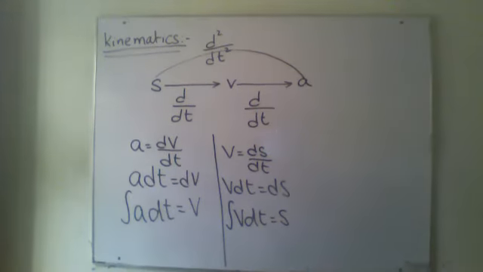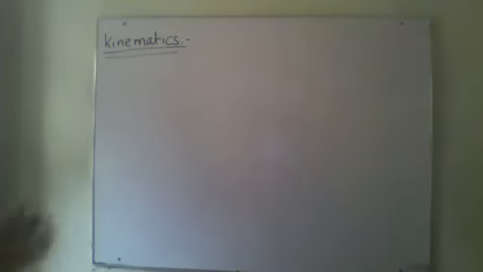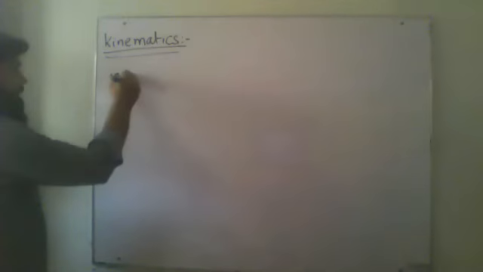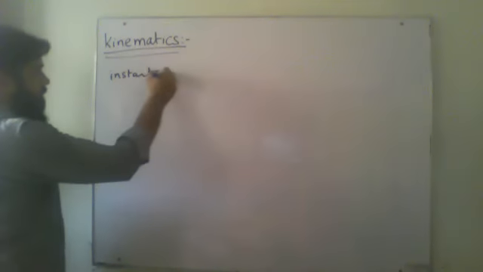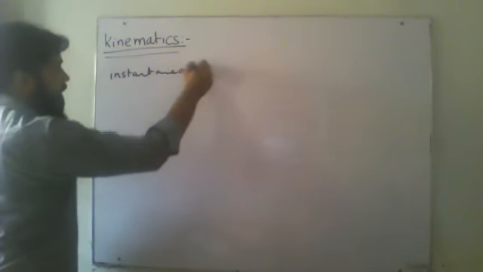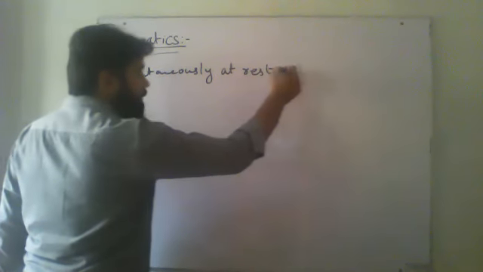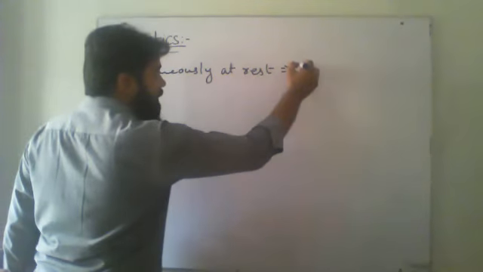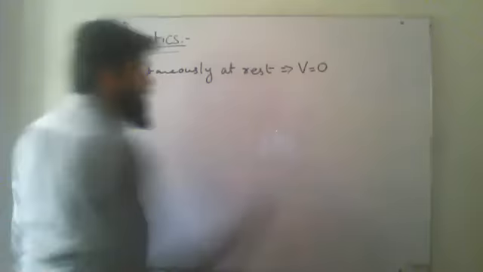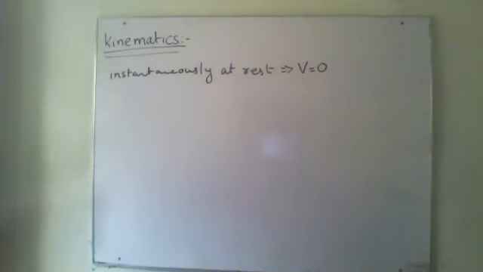Now, a few more terms which we use in kinematics. If a body is coming instantaneously to rest, we know that we have to take velocity equals 0. You guys know it, I'm just revising it.